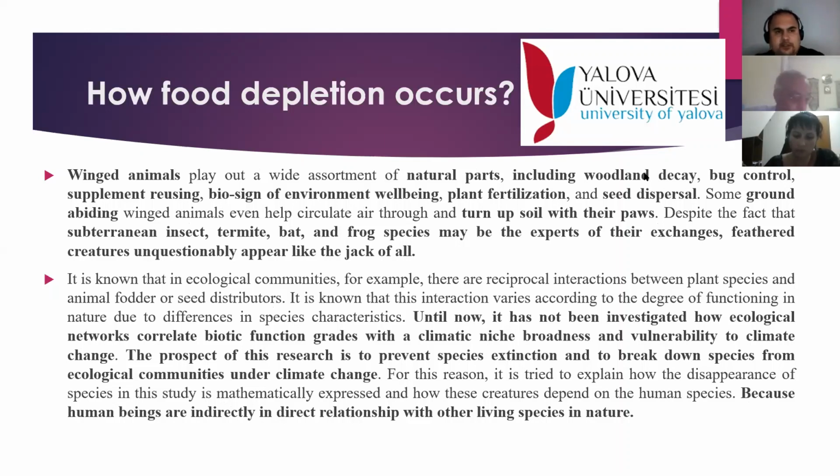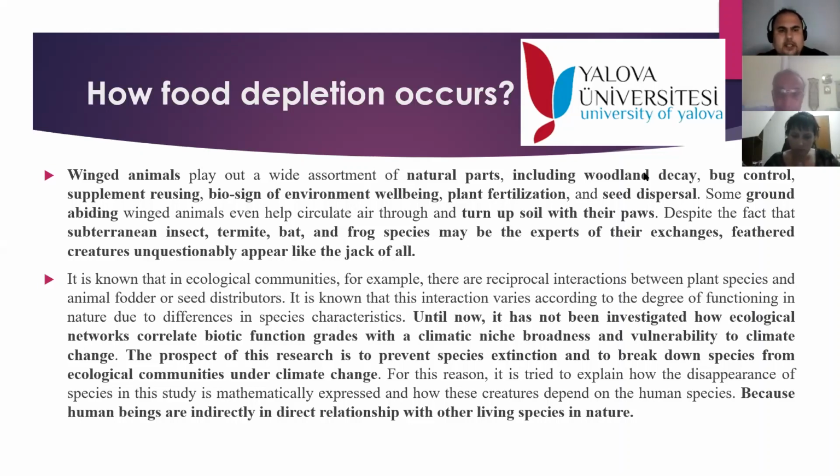Also supplement reusing, a biosign of environmental well-being. Also they can make plant fertilization and seed dispersal. Some kinds of winged animals can turn up soil with their paws. So the other key animals are insects, subterranean insects, termites, bats, and frog species that can pollinate plants.